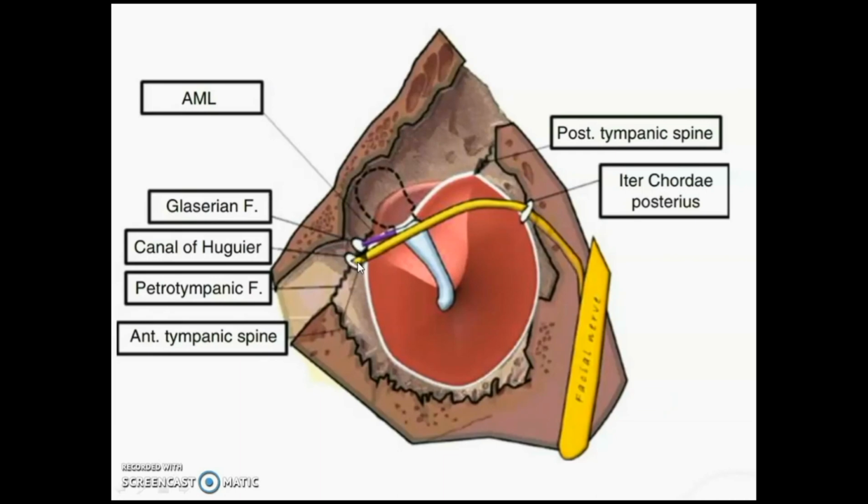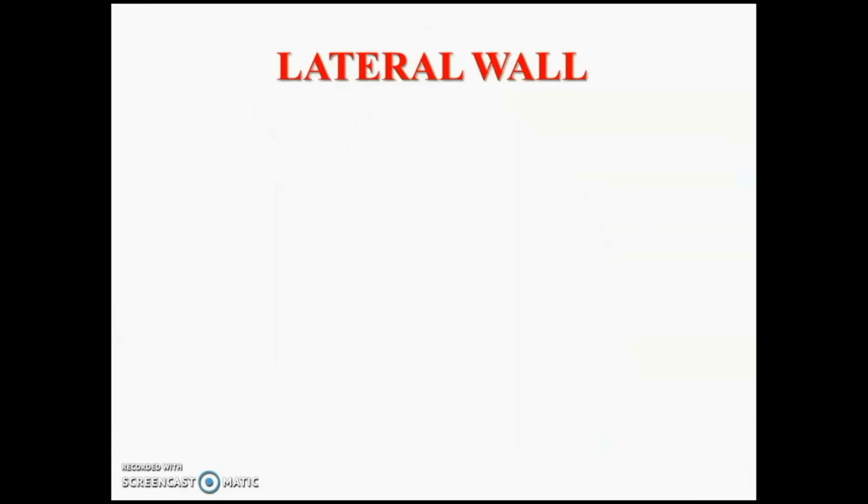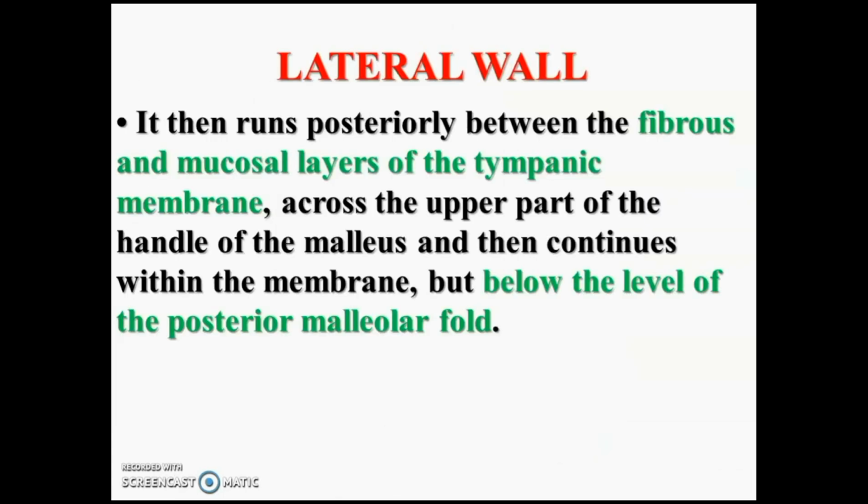So, it comes out of the middle ear via the canal of Huguier, which is part of the petrotympanic fissure, and it runs medial to the handle of the malleus between the fibrous and mucous layers of the tympanic membrane and leaves the tympanic cavity via the posterior canaliculus and joins the facial nerve in the facial canal.